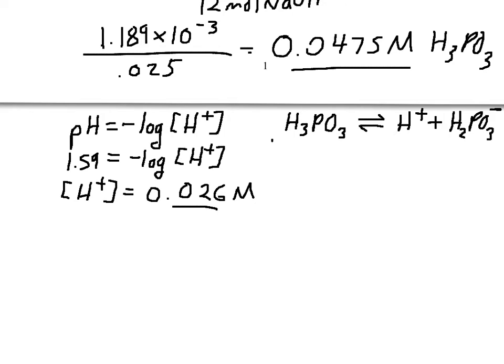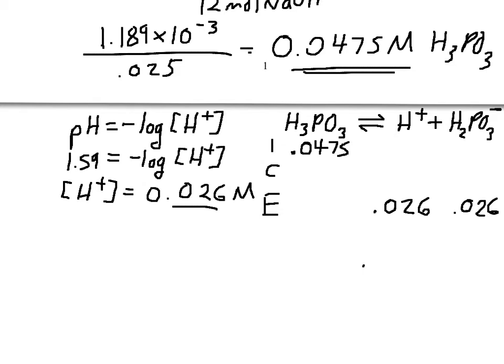We just found the concentration of H3PO3 up above to be 0.0475, and we know the equilibrium concentration of hydrogen ions to be 0.026. So with these two numbers, we can go ahead and finish filling in our ICE table. It means this is also going to be 0.026. These started out at 0, which means they changed to 0.026, 0.026. This went down by 0.026.